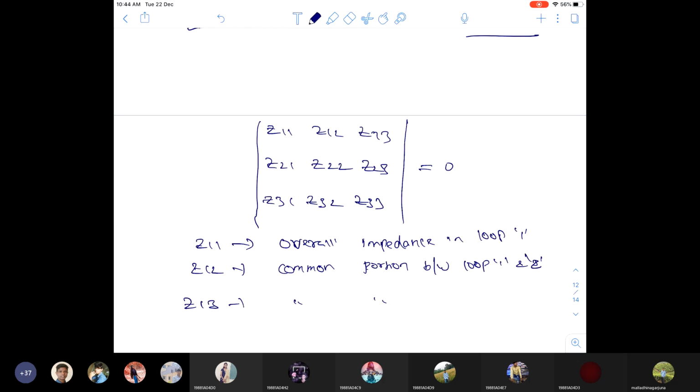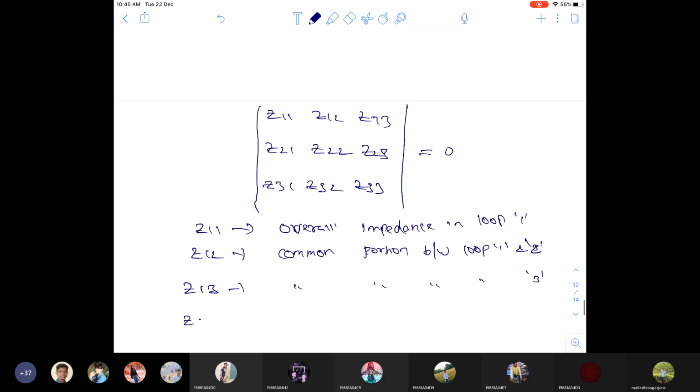Z13 is the common portion between loop 1 and loop 3. Similarly, Z21 is the common portion between loop 2 and loop 1. Like this it goes. Yes or no? No, sir. Okay.